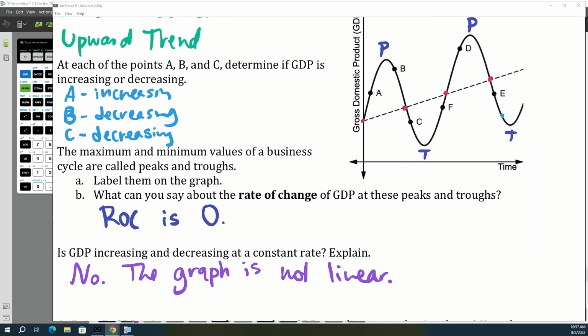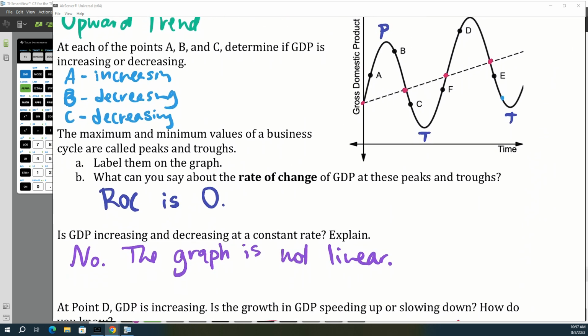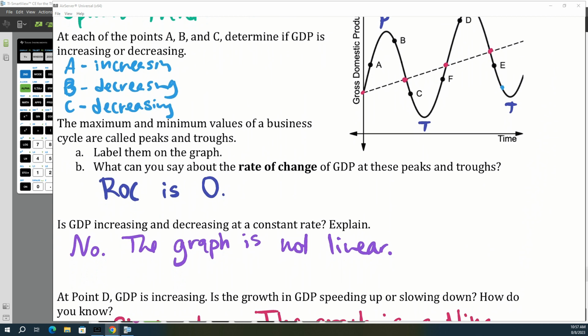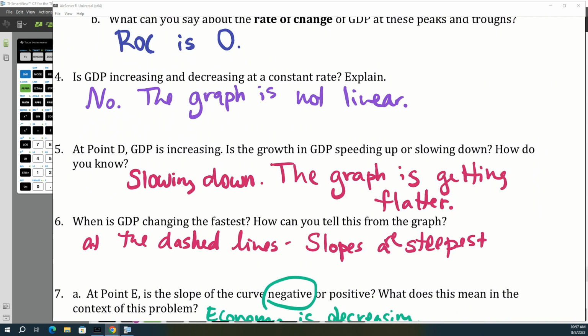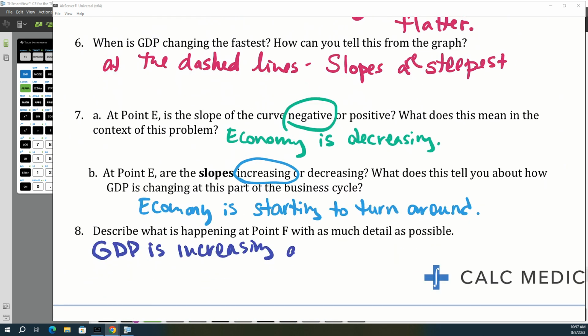Do you think that's increasing? Are the slopes increasing there or decreasing? They're increasing. So that means that the country is coming out of a recession.